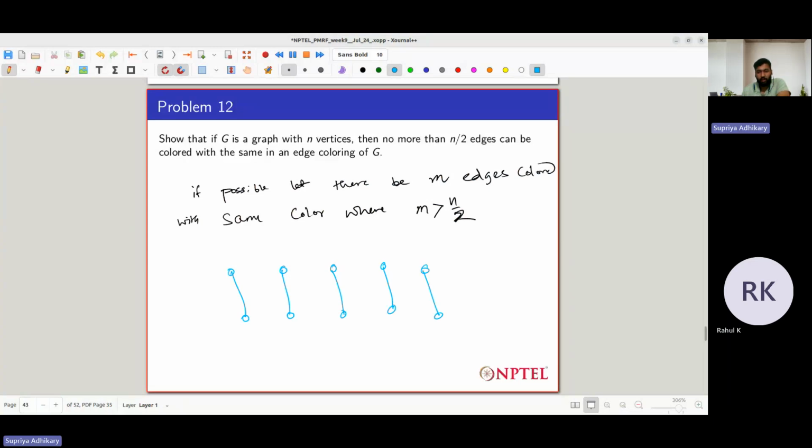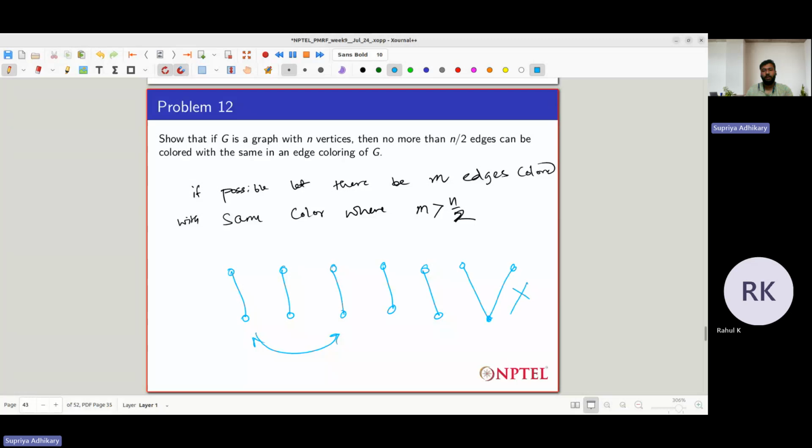If these edges have the same color, then none of the edges should be incident. If we consider any pair of edges, then they should not have a common incident vertex.